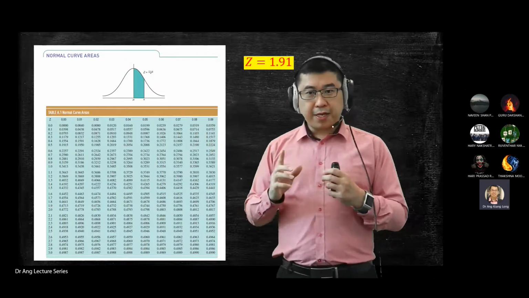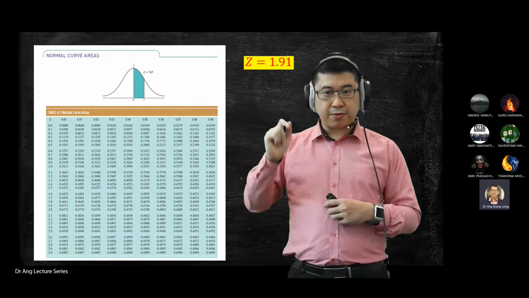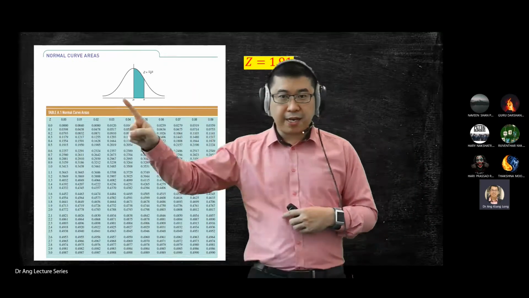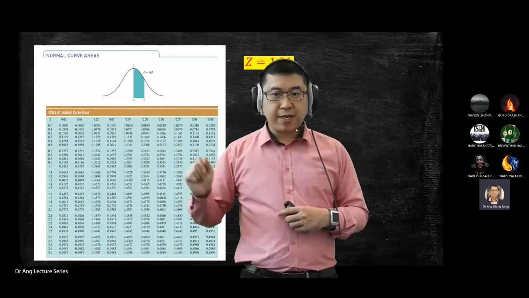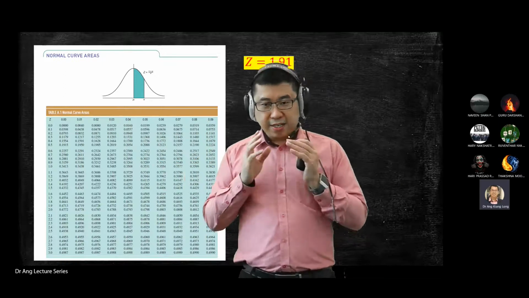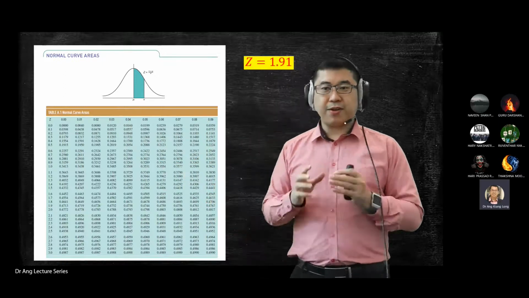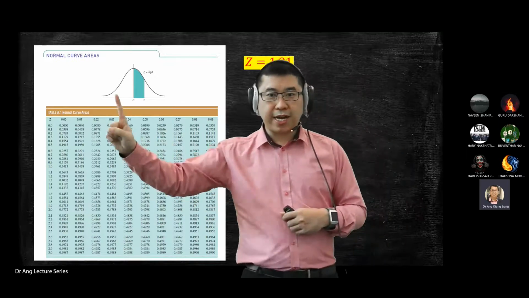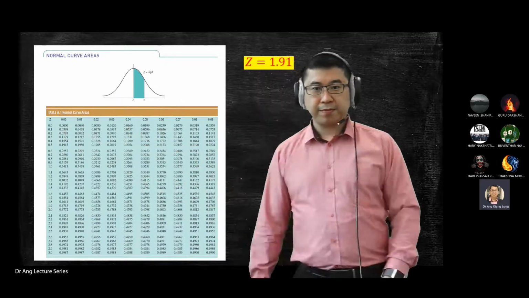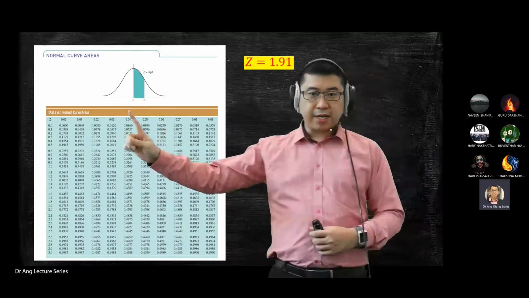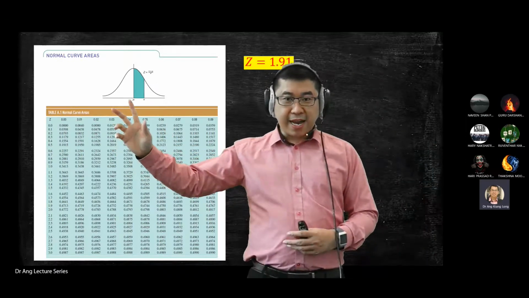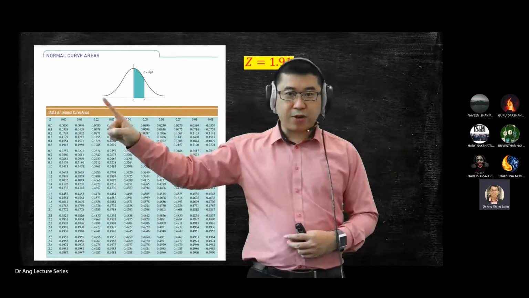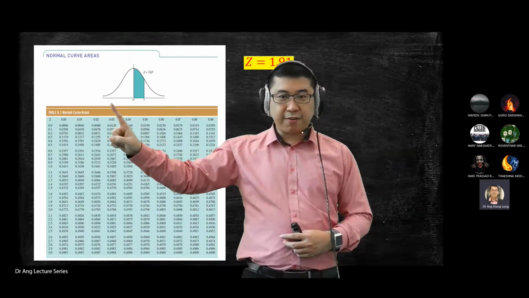So what happens if you have a negative value? Apply the same concept. If your Z is a negative value, you draw a line here, and the question asks you about target time or less. You still draw the line and move to the left. If Z is negative, your line is over here with a negative value.